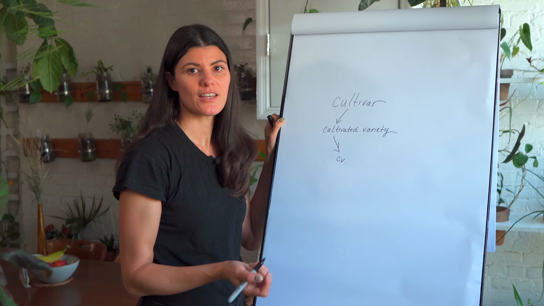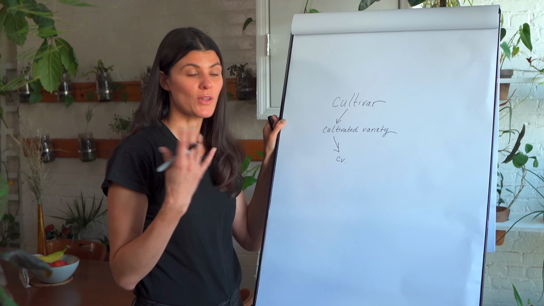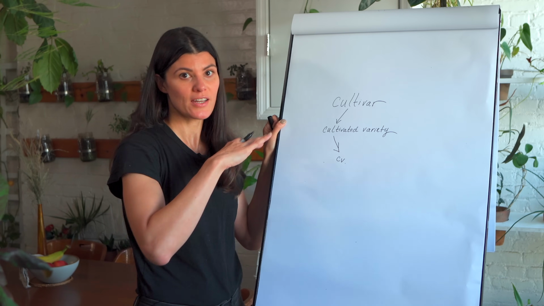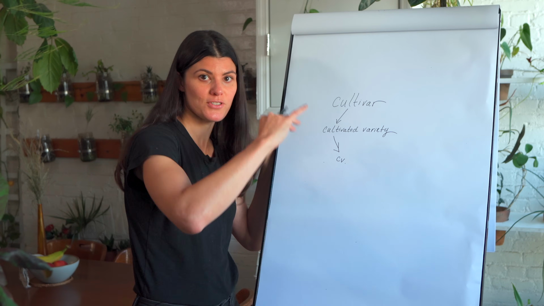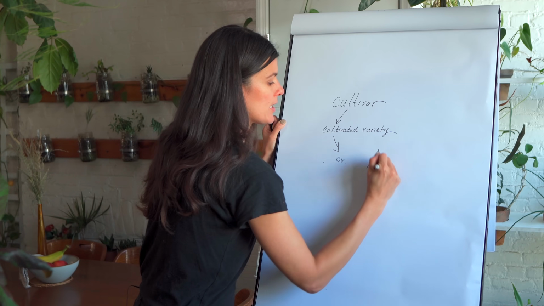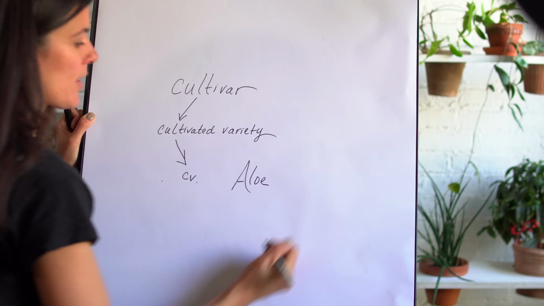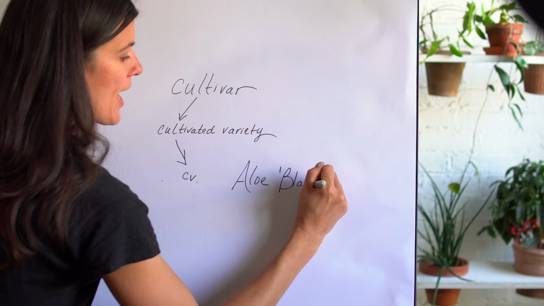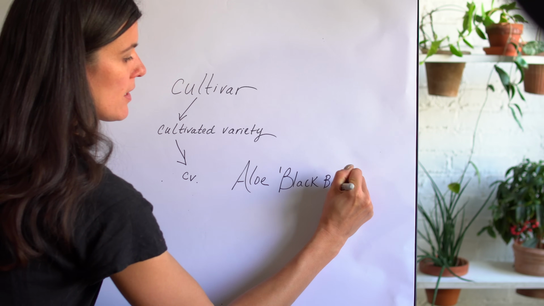Now you can tell if something is a cultivar because it will have single quotation marks around it, the words will be unitalicized, and the first letter will be capitalized. So an example would be, going back to my aloe care video back in the day, Aloe 'Black Beauty'.